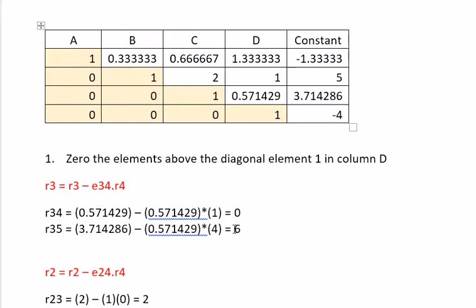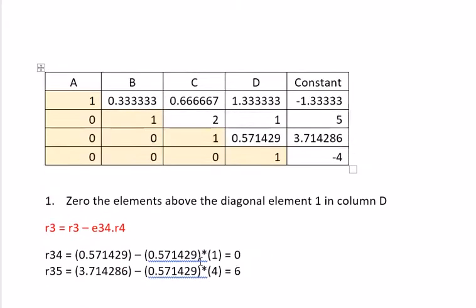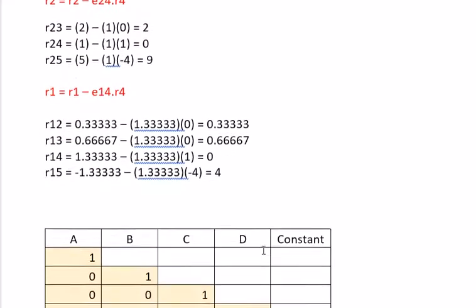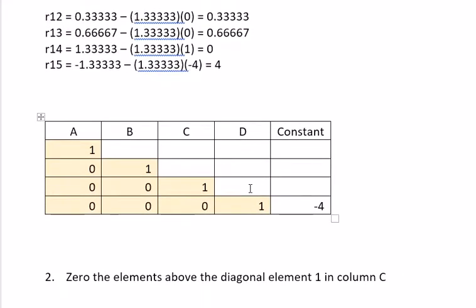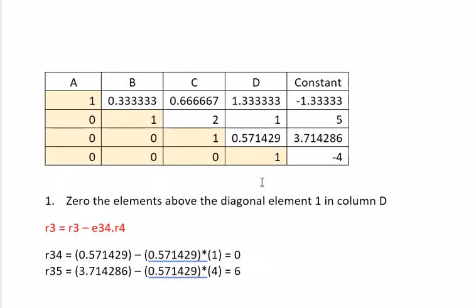So that gives us 6. I will put these new values in our new table: 0 and 6. So we have already zeroed these elements.